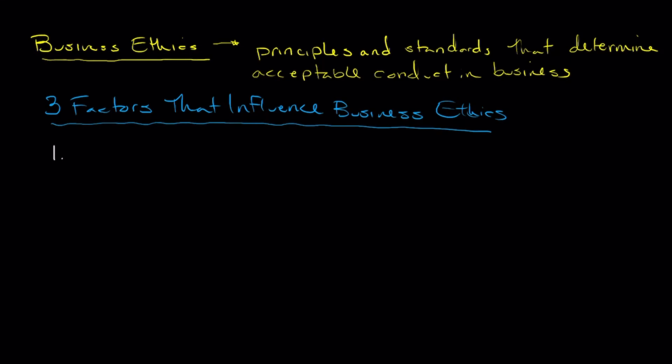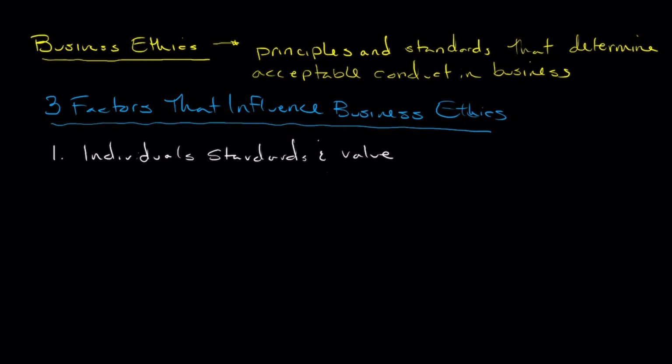Now, the first one, and one that we've already explored to an extent, is going to be individuals' standards and values. We as individuals bring with us our own past history and a variety of different things that shape the extent to which we think certain things are acceptable or unacceptable. That can be everything from our upbringing in the family context in which we were raised, and parents, and those sorts of things.